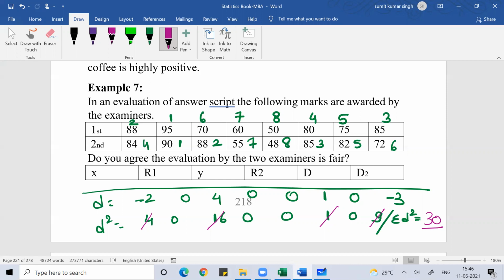Clear? Any doubt, anyone? So you get the sum of d square equal to 30.